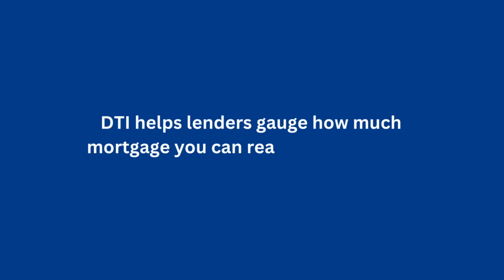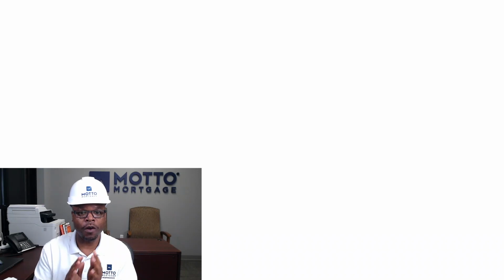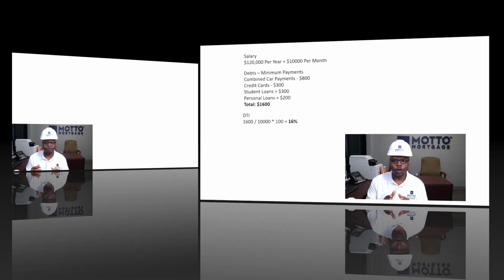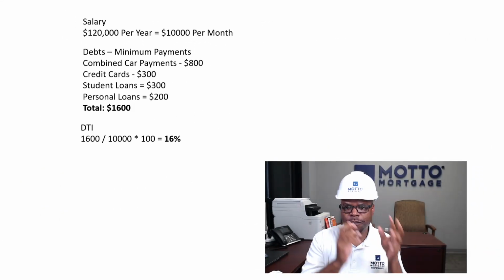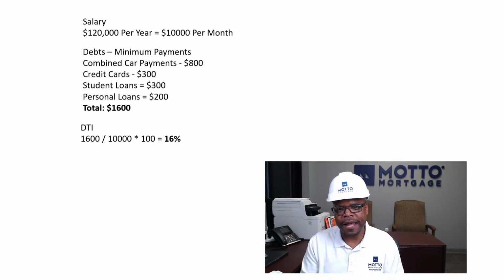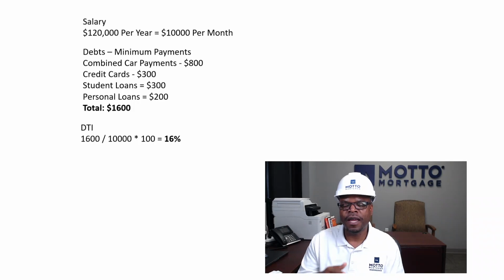So DTI is your debt to income ratio. It is a ratio that is used to determine if the lender feels that you can afford the mortgage. There are a number of DTI ratios depending on the type of program, and there are lots of factors involved. Your DTI is calculated by taking the expenses and dividing it by the monthly salary. In this case, we have a monthly salary of $10,000, and multiplying that times 100 to get the actual percentage.